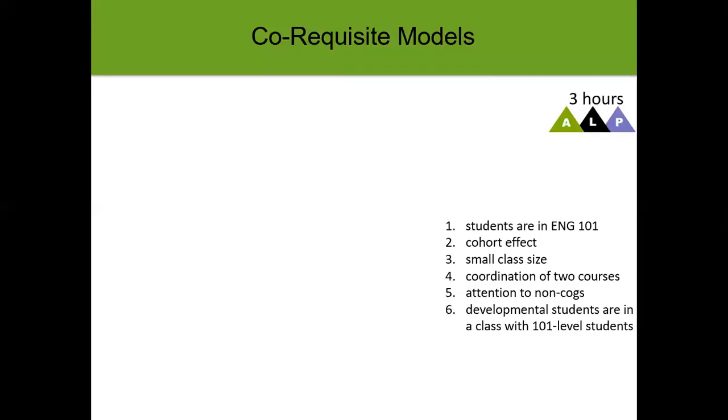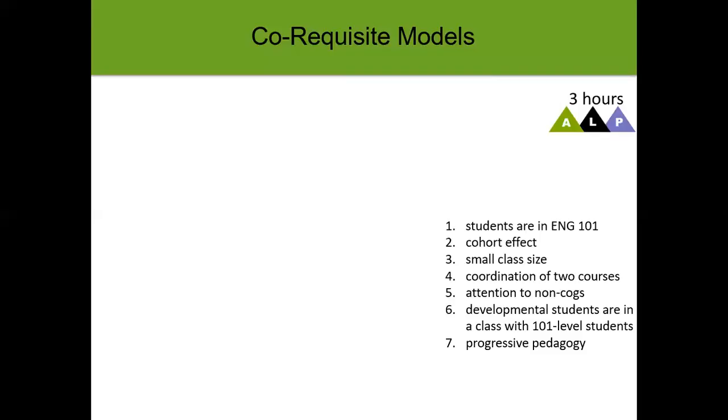They're doing it. They're in a 101 level course, and in a 101 level course where there are 101 level students to serve as role models, both in terms of writing and in terms of how to do college, how to ask for help when you need it, how to use WebCT, how to find your way around the library or even to the library. So being in a class with 101 level students is one of the strengths of ALP.